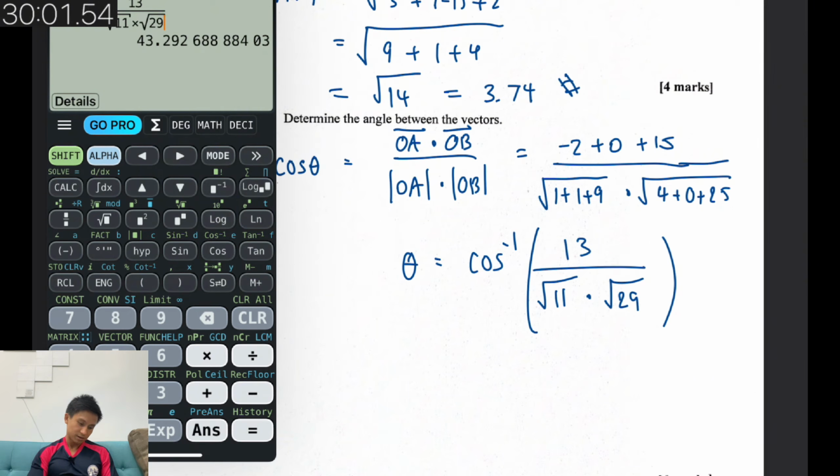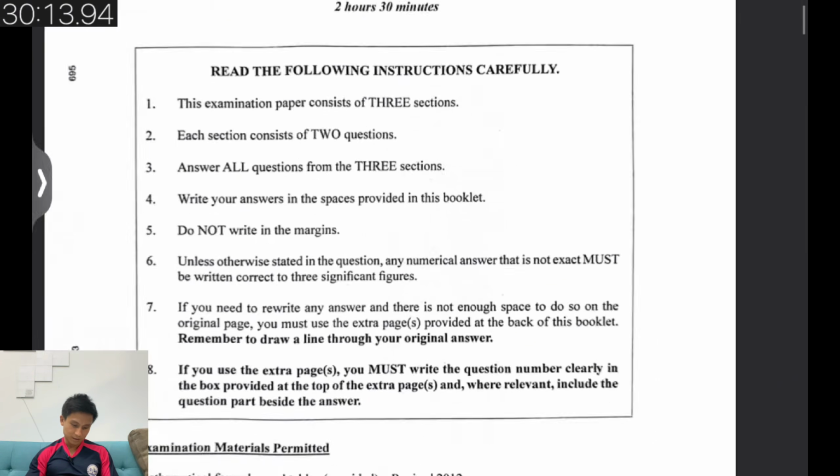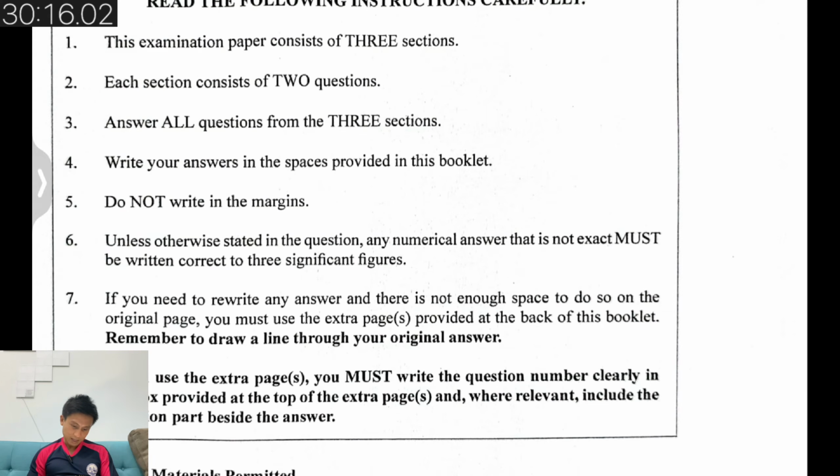I'm going to go check the cover of the paper again, to see if I need to give a specific unit. Let me just go back to the cover page. I noticed that unless stated otherwise, you're going to give it to 3 significant figures. Unless otherwise stated in the question, any numerical answer that is not exact must be rounded.